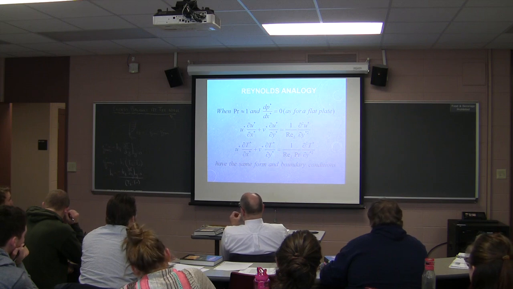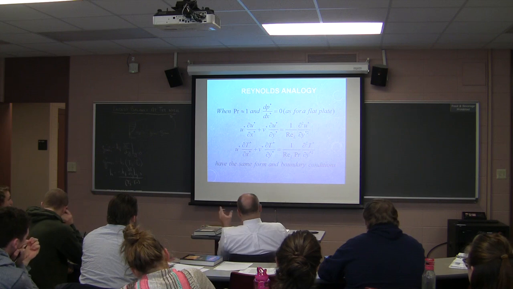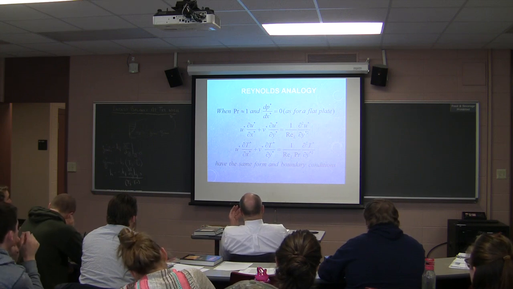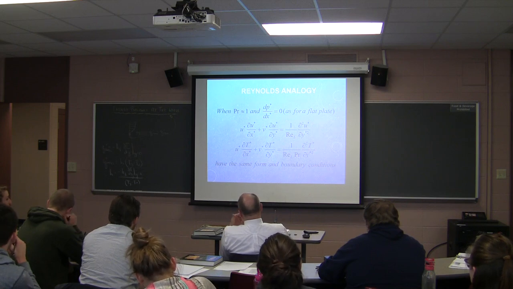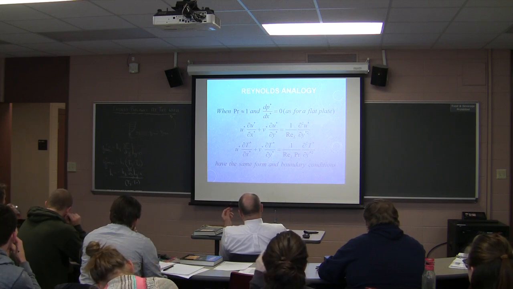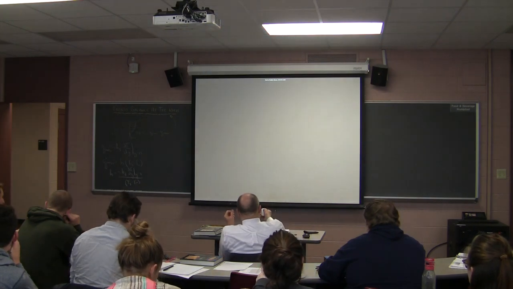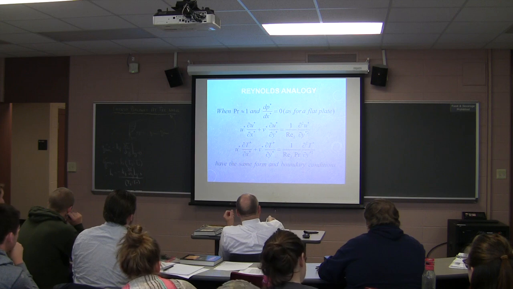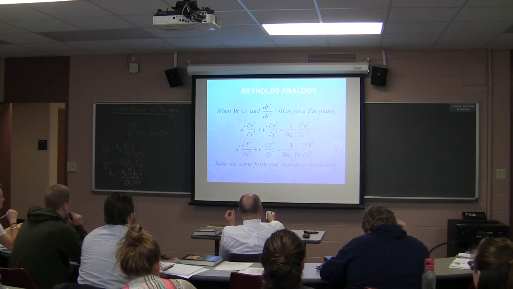He said for Prandtl number approximately equal to 1, which is most gases, are close to 1, and a small or almost insignificant pressure drop along the x direction as for a flat plate, then here we go.